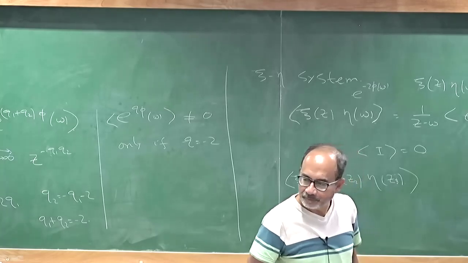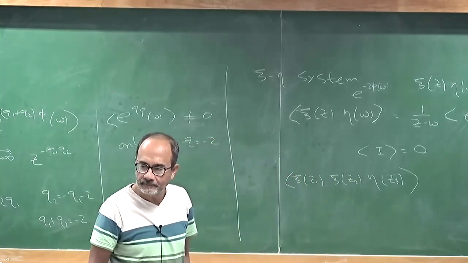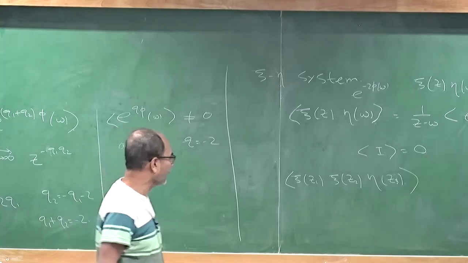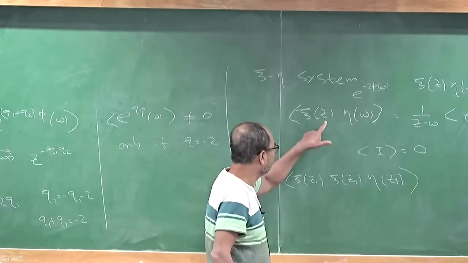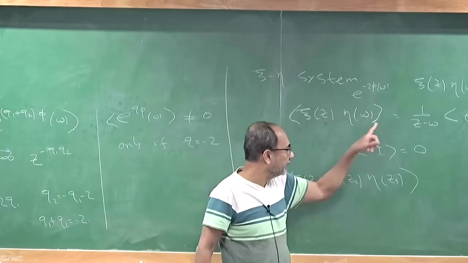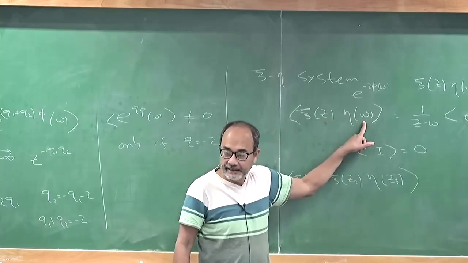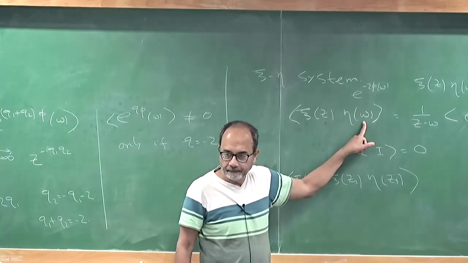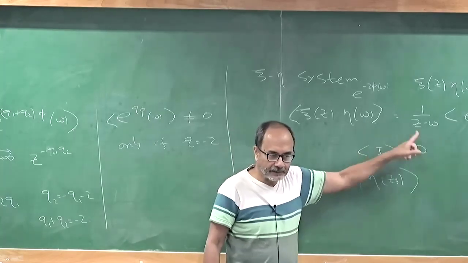For the 2-point function, what was the asymptotic? As z goes to infinity, this should go to a constant. Then this one doesn't. As w goes to infinity, it should fall off as 1 over w squared. That one it doesn't either.